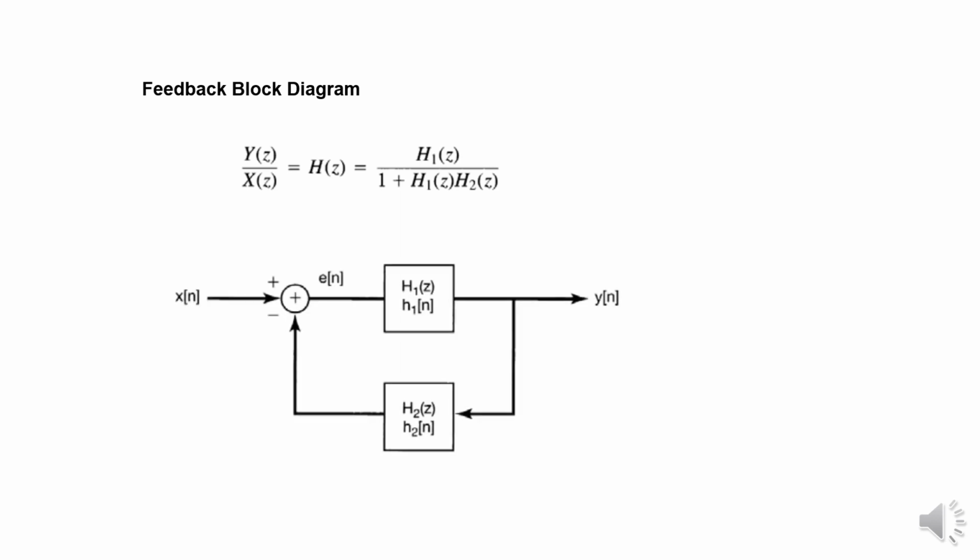So here, consider something. When you have two systems, one will have the Z transform of the impulse response as H1(z), the other one will have it as H2(z), right? So like this, you can represent it like this.